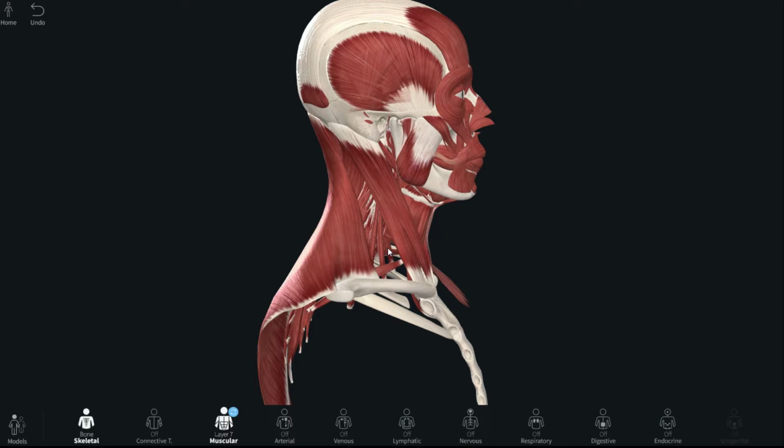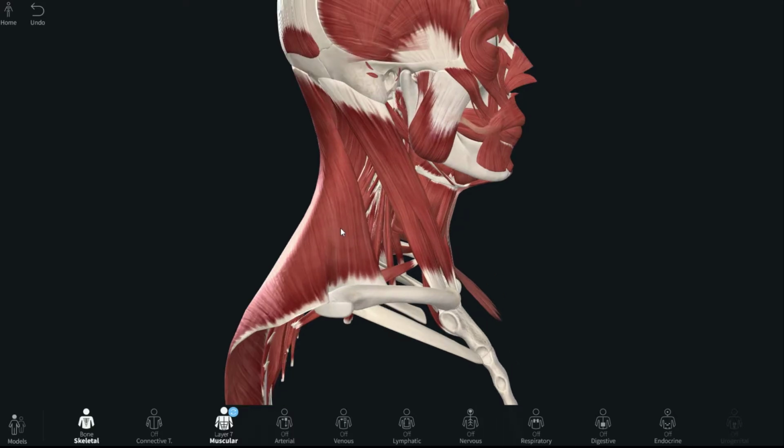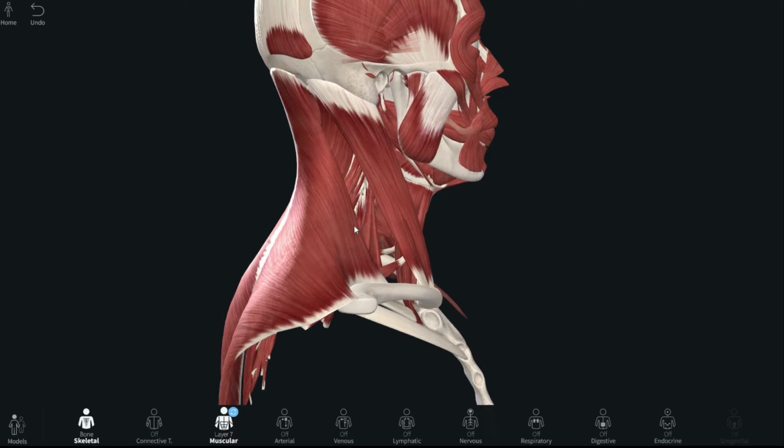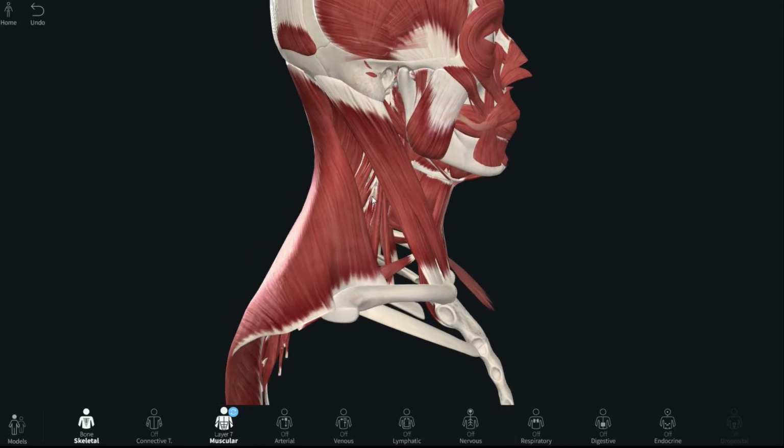Now we are going into the deeper structures, and the first aspect that we talk about in the neck is the side of the neck. That's what the scope of this discussion will be. The very first thing which everybody can appreciate is the neck region.